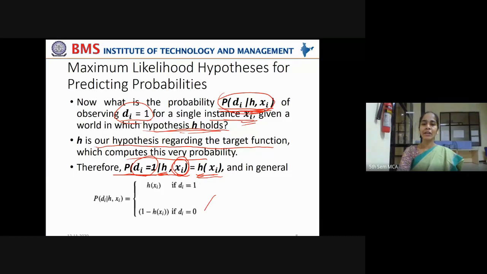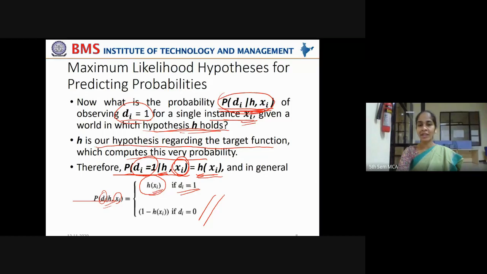Or in general, you can represent it mathematically like this. This is actually easier to understand. See, probability of di given h xi means: what is the probability of this training instance becoming 1 given this hypothesis? It is nothing but h of xi. Because it is in accordance with the hypothesis, it can be represented as h of xi.